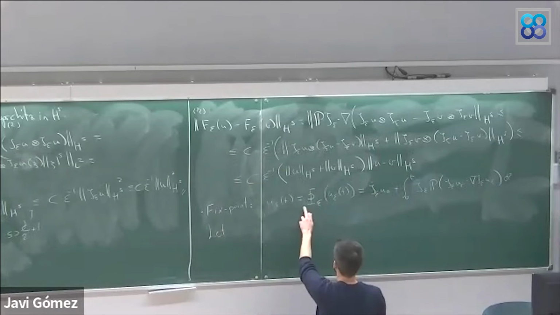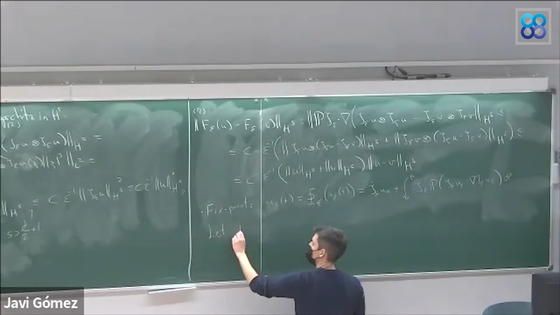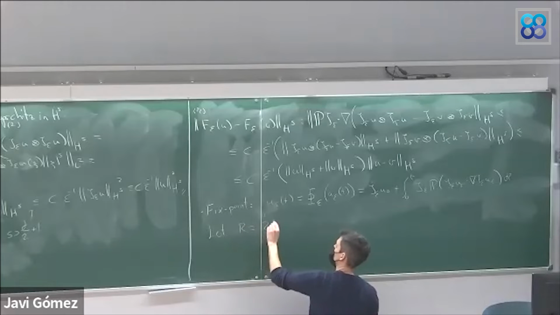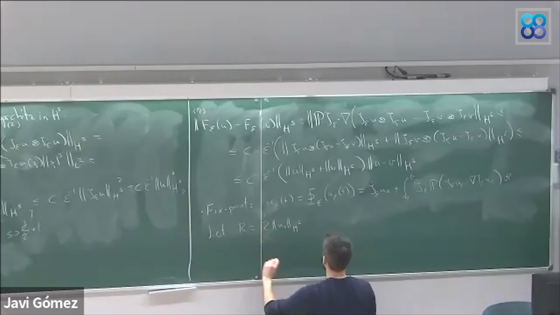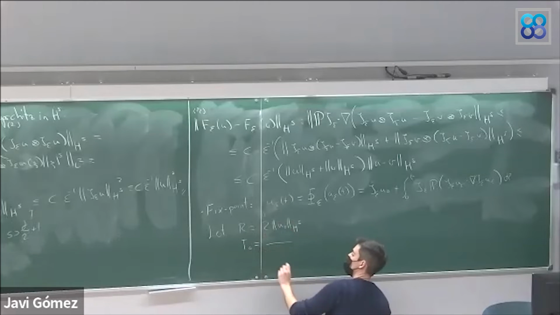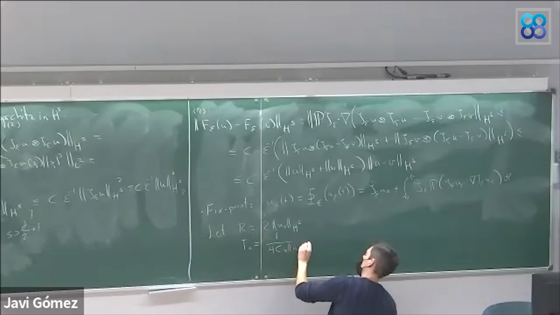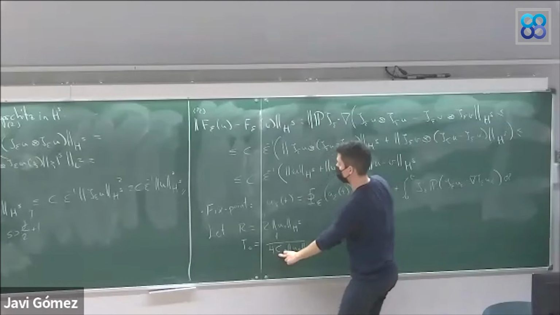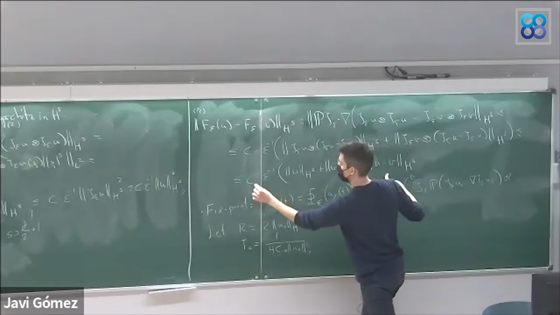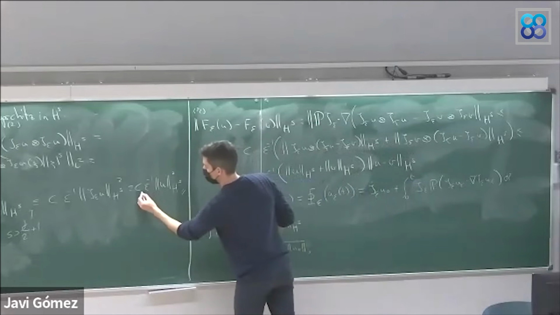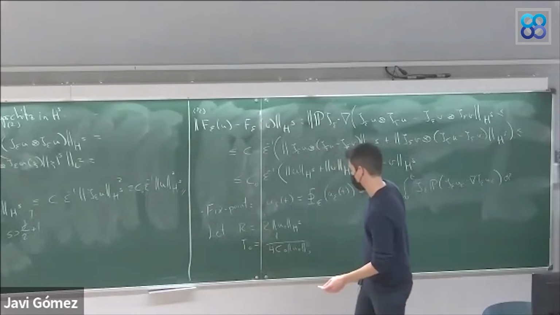I will apply fixed point theorem on this with the ball of radius r equal to twice the size of the initial data. And for a time, I think we need here the constant should be the same as this constant here and this constant here.